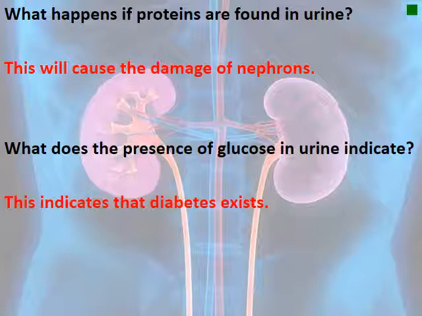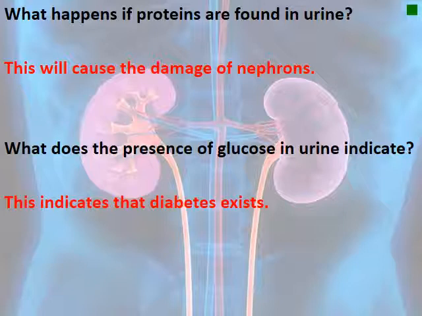What does the presence of glucose in blood indicate? It indicates that diabetes exists, meaning that we have a high level of sugar in our body. This indicates that you have diabetes. Diabetes means a high level of sugar inside our body, and in the urine test they can detect this.